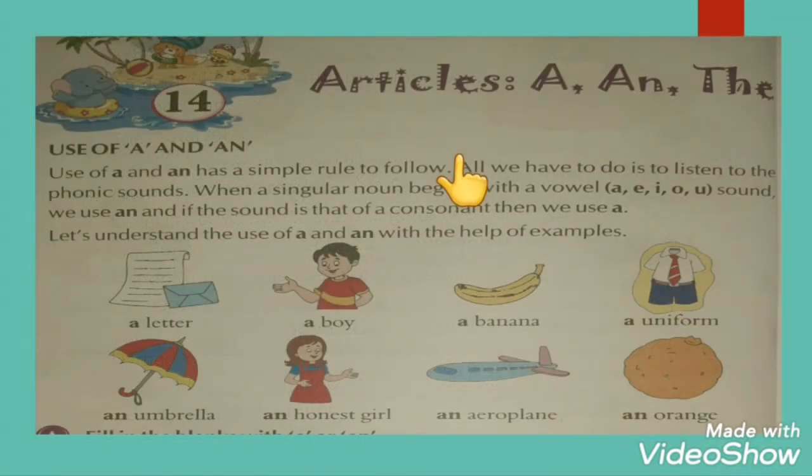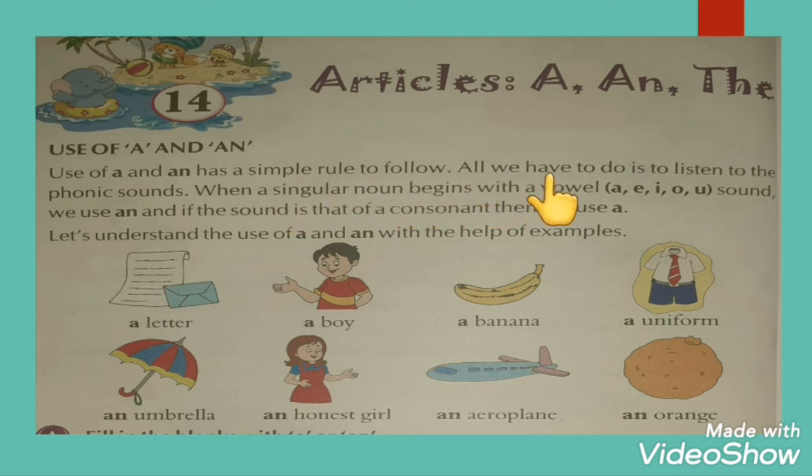So students, now our pronoun chapter is finished and now we will move to our chapter 14, that is article. Article a, an and the. Use of a and an. How can we use a or an articles? Use of a or an article has a simple rule to follow.